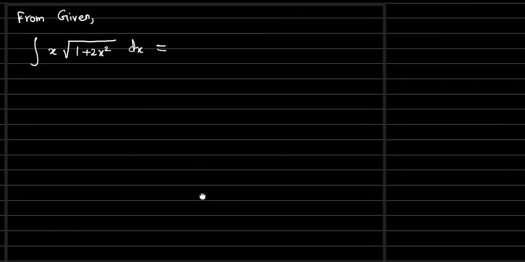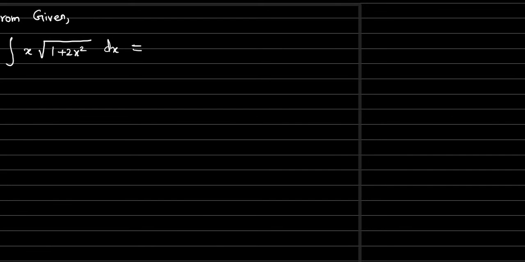From the given integral x into square root of 1 plus 2x square dx, I am going to assume the term inside the square root as t. So let t equal 1 plus 2x square.